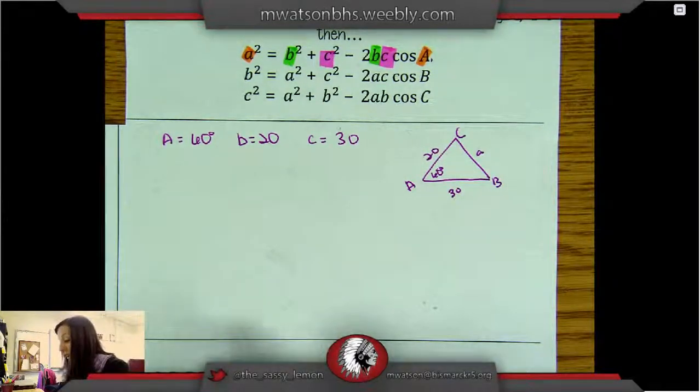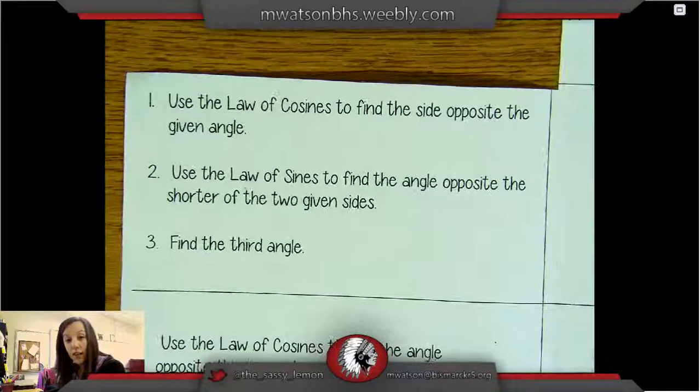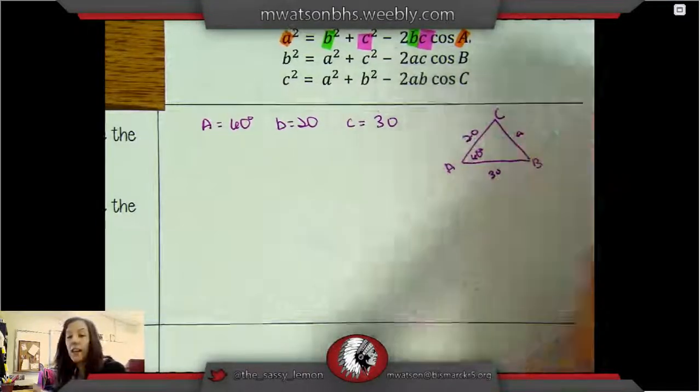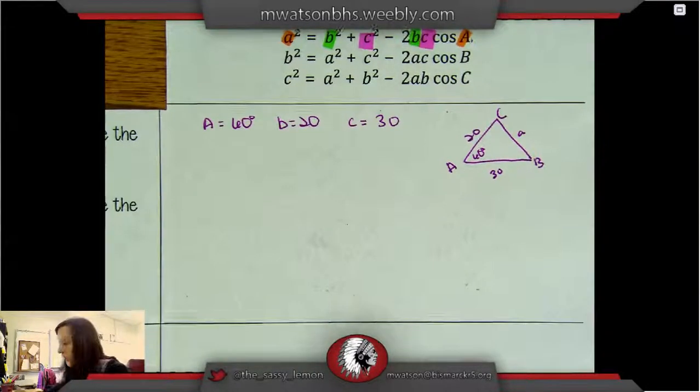So step 1, use the law of cosines to find the side opposite the given angle. We want to get a known ratio, so you always want to start with a side length that's going to give you a known ratio.